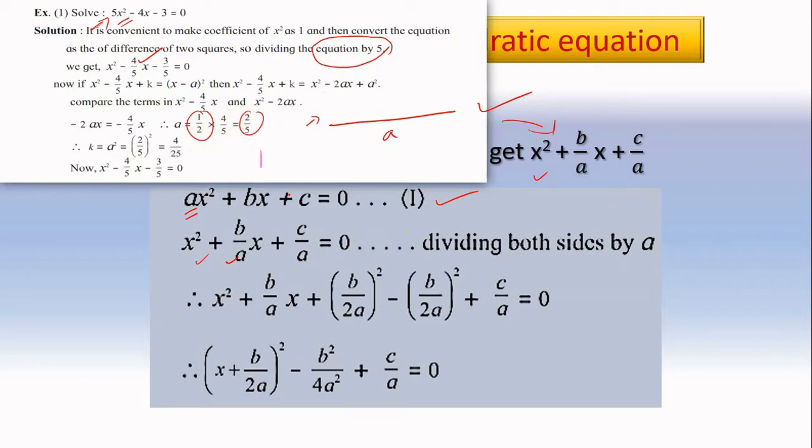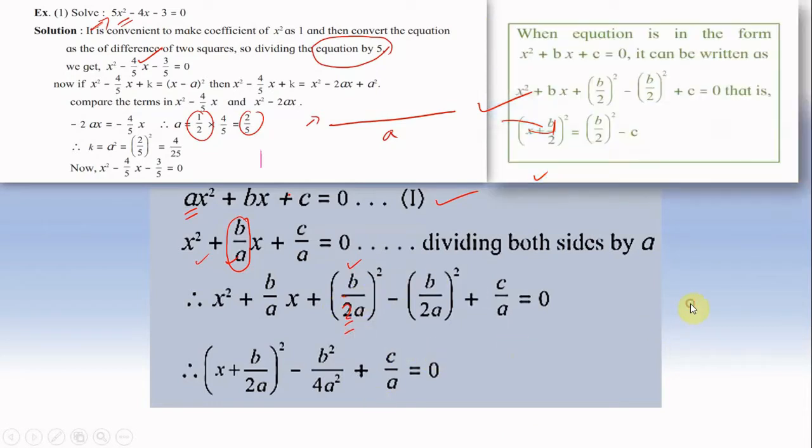When we use these two techniques over here, that means dividing the coefficient of the second term by 2, we get b upon 2a, because we have multiplied with half. So this particular technique we use to develop a solution by the square method.